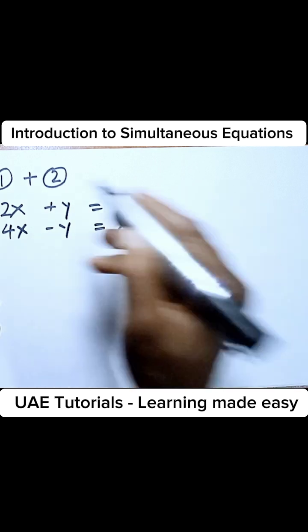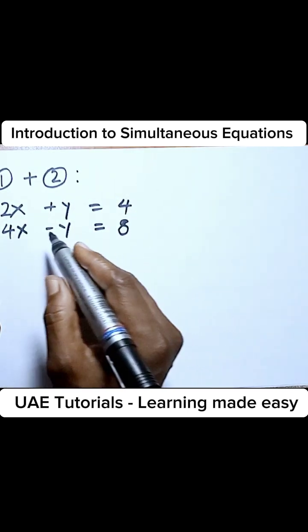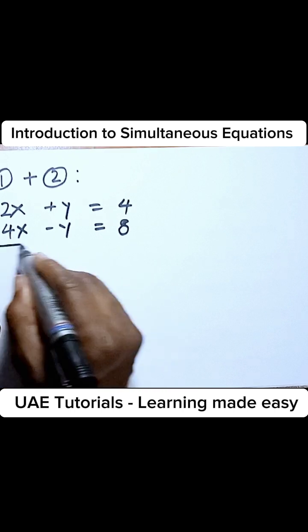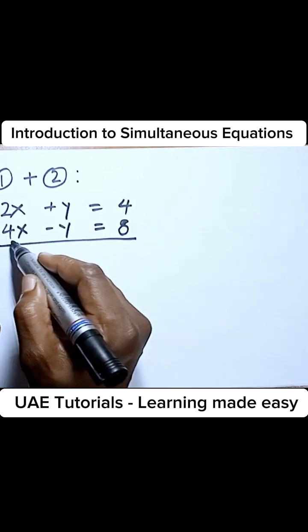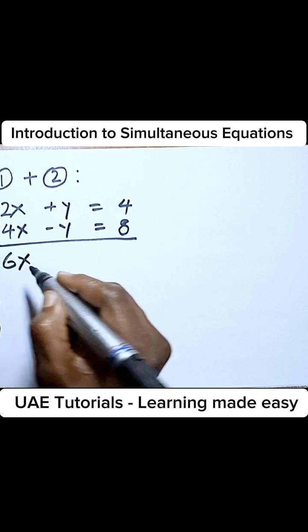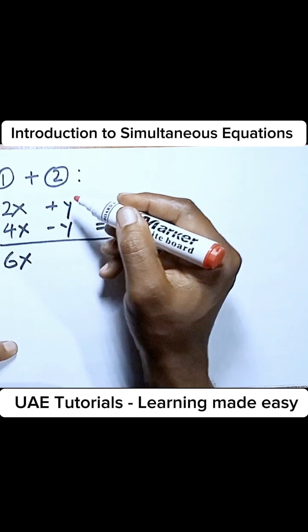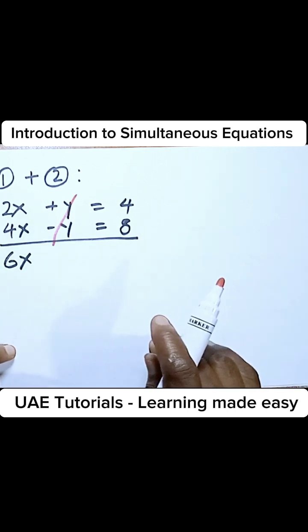So if I add equation 1 plus equation 2, what would that give me? 2x plus 4x gives me 6x. Plus y and minus y will go away. Did you notice that?